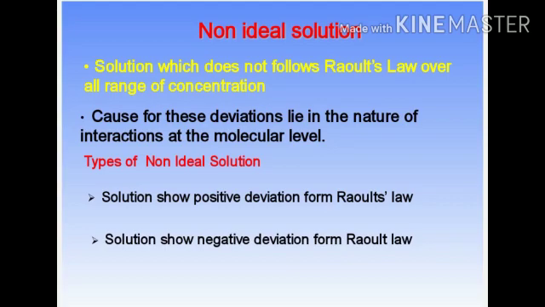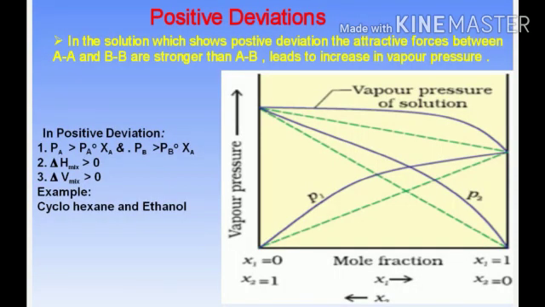Okay, students? Well, students, move to the types of non-ideal solutions. And the first one is non-ideal solutions which show positive deviations. In a non-ideal solution with positive deviation, the partial pressure of each component is greater than the partial pressure as expected according to Raoult's law.